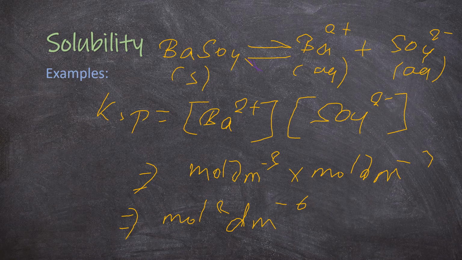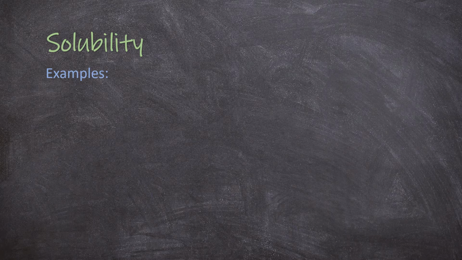So do not forget to write this unit. It is very important. If you forget to write this unit, then your marks will be deducted. Be careful. So next, I have one more example.